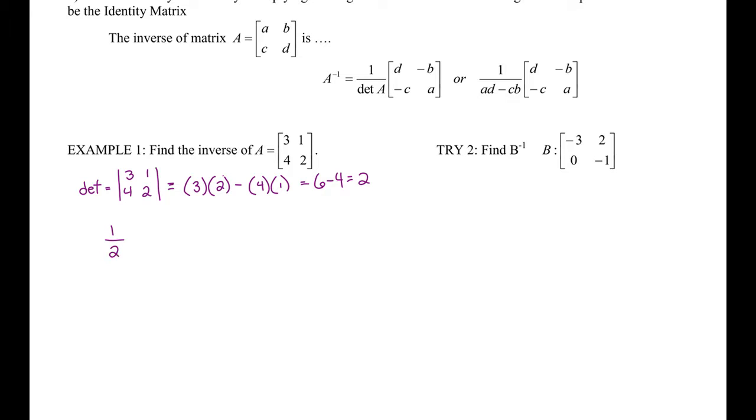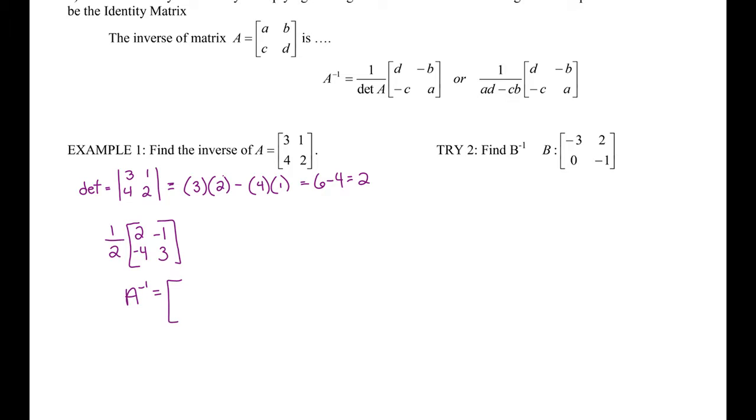So I'm going to have 1/2, and you're going to multiply that by the switch matrix. So my diagonal down entries will trade spots, and the diagonal up entries will stay in the same spot, but their sign will flip. So my last thing to get my inverse matrix is going to be to multiply 1/2 into this matrix.